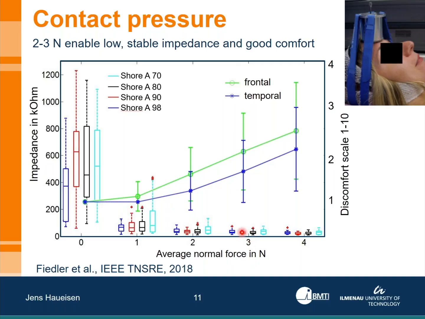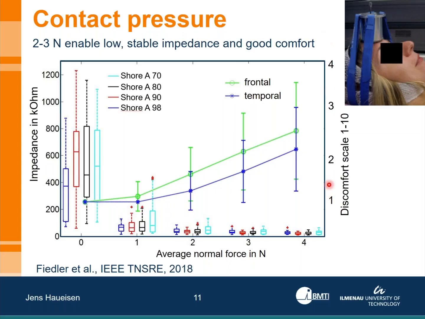And that is something the cap system has to provide. On the right side, you see a discomfort scale, because when you increase pressure, you increase discomfort. On a scale from 1 to 10, 1 is I don't feel anything, and 10 is maximum pain, take it off right now.